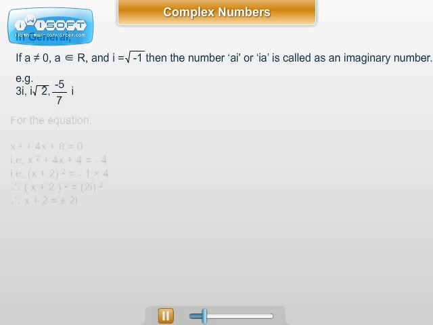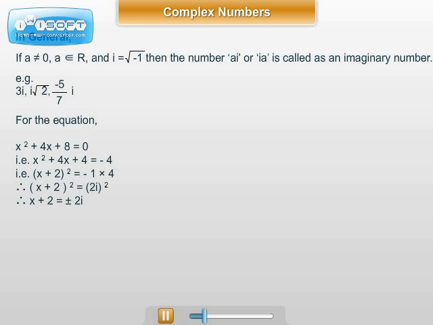Complex numbers. Consider the quadratic equation x square plus 4x plus 8 equal to 0. Then x square plus 4x plus 4 equal to minus 4. That is (x plus 2) whole square equal to 4i square, as i square is minus 1.